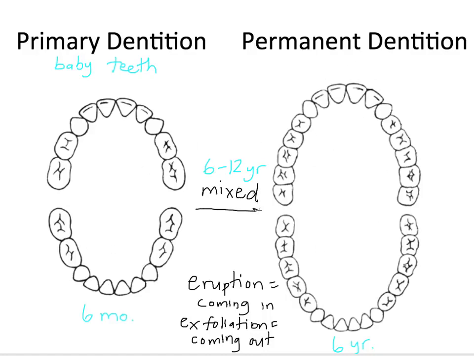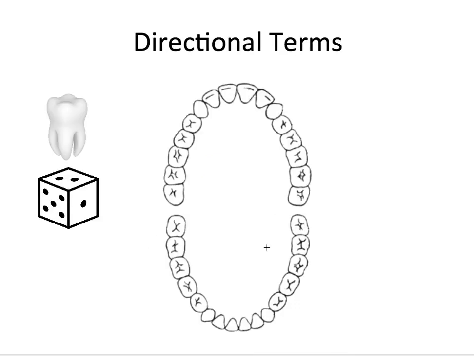So it's sort of the transformative years from the full primary dentition until we only have permanent teeth. And of course, it takes a little bit longer for the third molars to come in. It could be even when you're 18, 19, 20, they could be coming in as late as that. So, primary dentition and the permanent dentition.